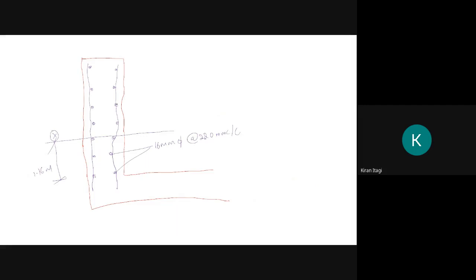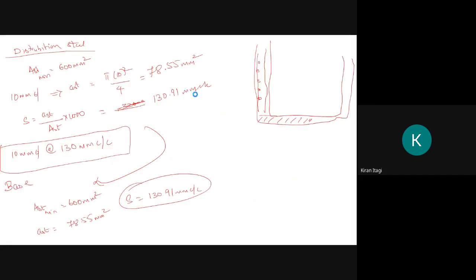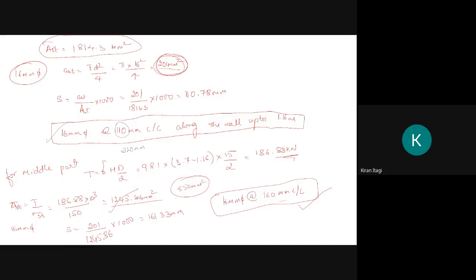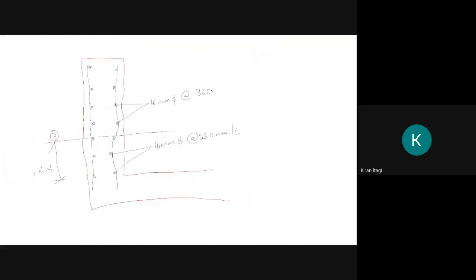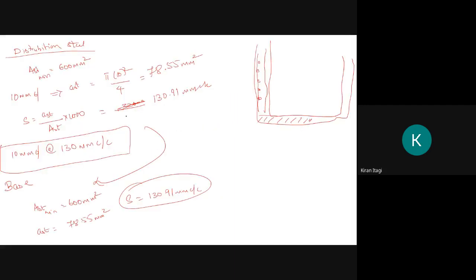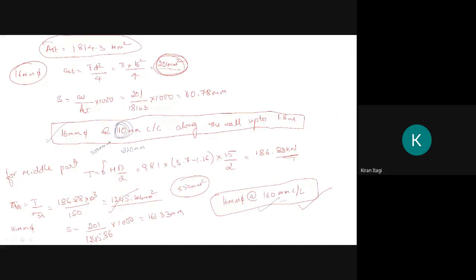Above we have got 16 dia at 130 center to center. For the middle portion we have got 160, therefore we will provide 320 center to center. We can't show here more than 300 for one face, but for each facing we can show greater than 300.